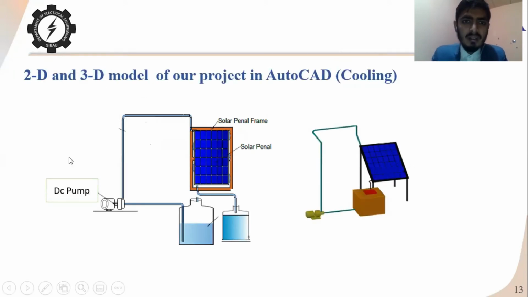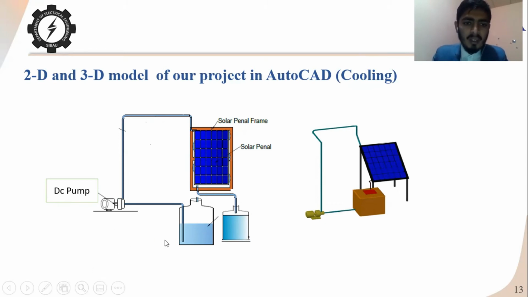Basically, this is the 2D and 3D model of our project in AutoCAD, and this is the cooling design. This is the panel, and we have used two tanks. The first holds cold water, and the second tank is used for collecting the water which is spread over the surface of the panel.